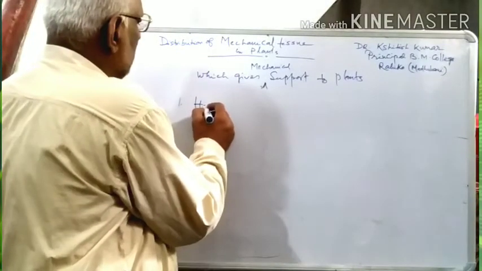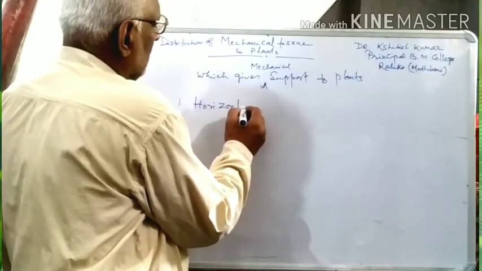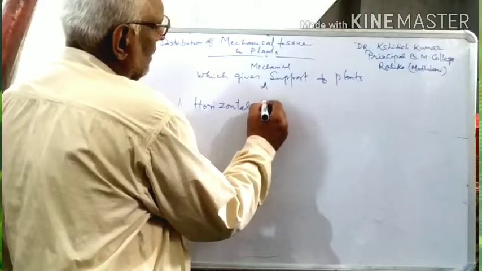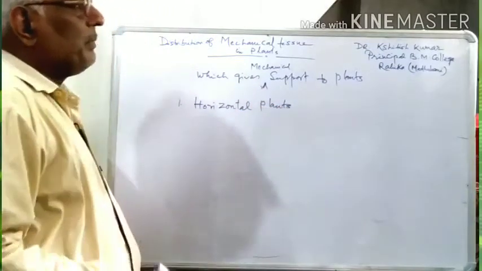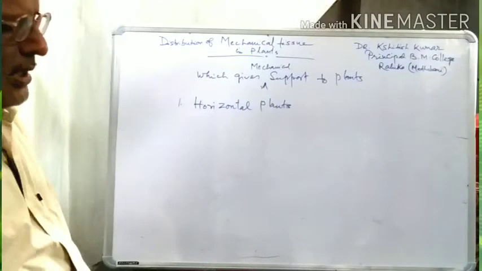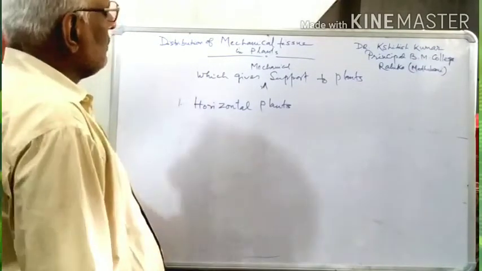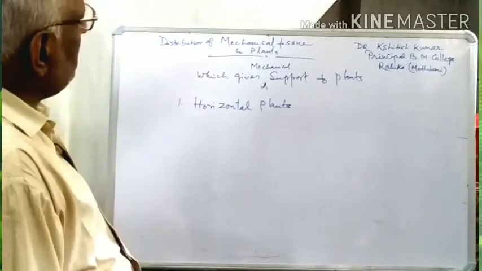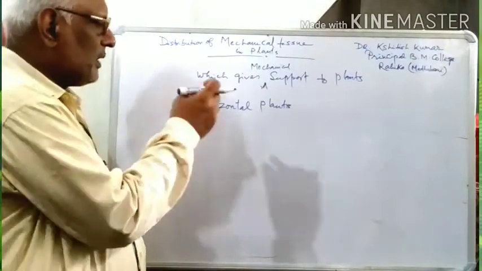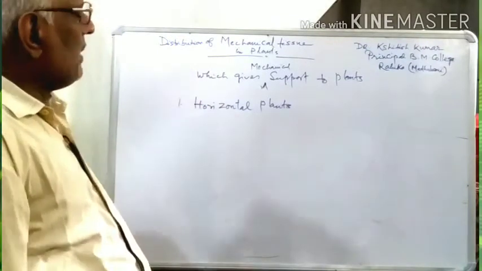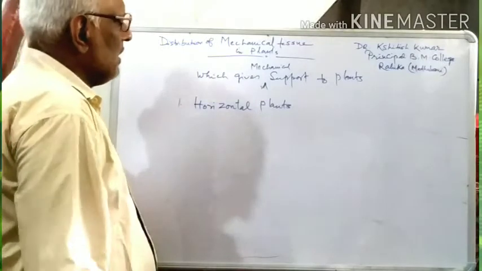Horizontal plants means plants which trail prostrately on the ground. So these plants are prone to horizontal forces.